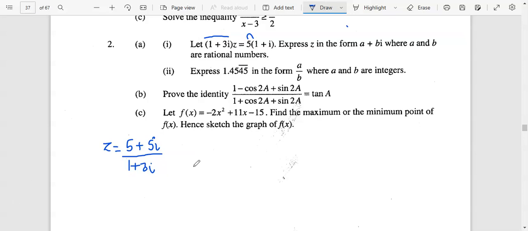And then from here, since we want z in the form a plus ib, we are going to rationalize, or use the conjugate. So on top we're going to multiply by 1 minus 3i, and down we're going to multiply by 1 minus 3i.